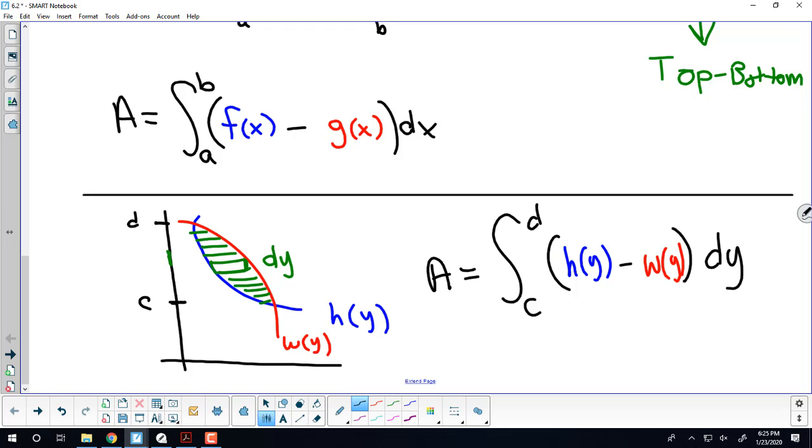So, why would we have two ways to do that? Why does it matter? Why not just one? Like, why wouldn't we just integrate with respect to x all the time? Because there are multiple x values.